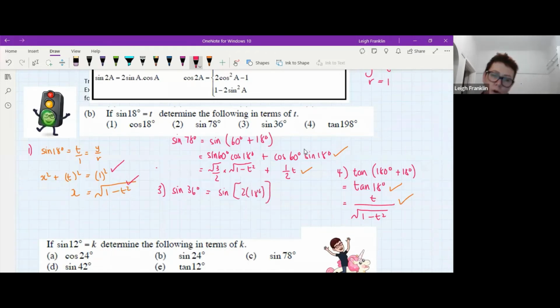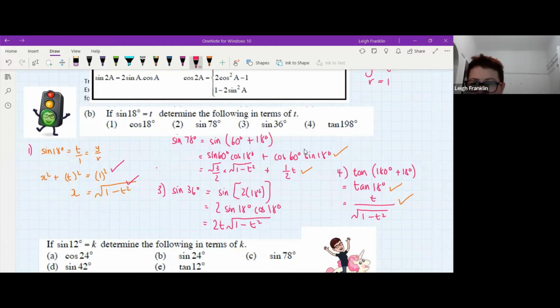But you're not going to get a mark for writing that. So this becomes 2 sine 18 cos 18. It is your sine double angle identity. So then you're going to sub in, remember sine 18 was t, and the cos of 18 was root 1 minus t squared.